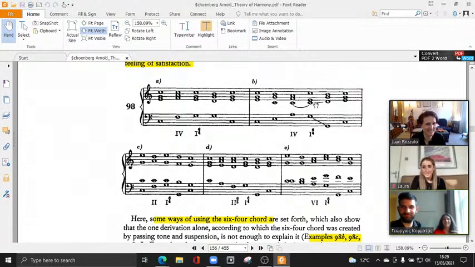So, for example, we have one note, and we want to go to another one. So this is not the real note. The other one is the real note. So this is like an anticipation of that note. An appoggiatura. When you say real note, what do you mean?